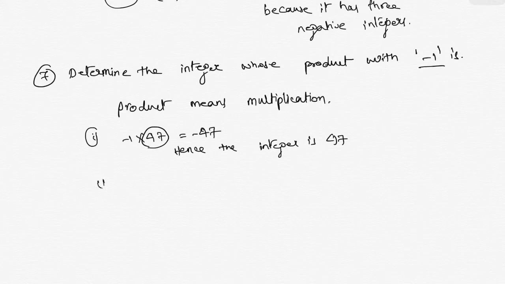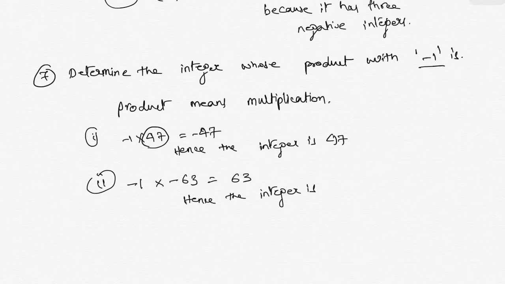Now, minus 1 into minus 63 is 63. Okay, now hence the integer is minus 63.